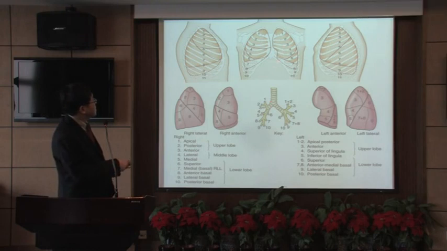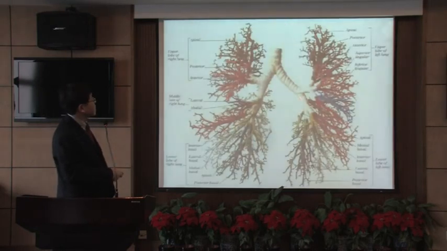Among the lungs, we have the bronchi. This is the trachea, and this is the bronchus. They divide into 2 smaller bronchi. This is the anatomy of the bronchus.